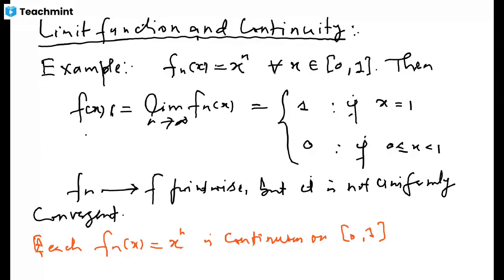But what about the limit function? How is f(x) defined? f(x) takes the value 1 when x is equal to 1, and it takes the value 0 when x is strictly less than 1 and greater than or equal to 0.